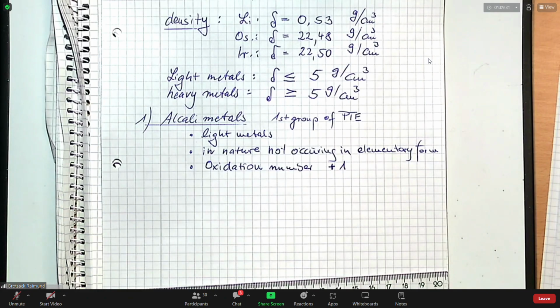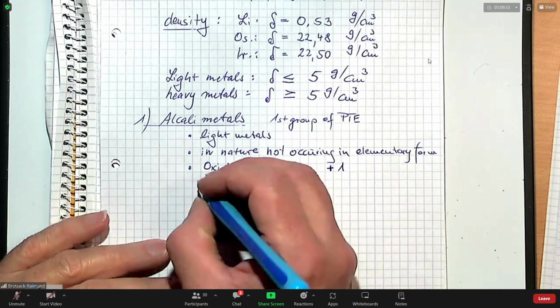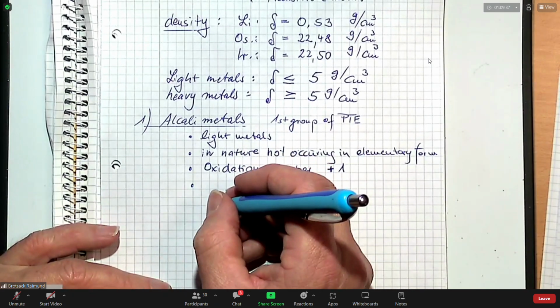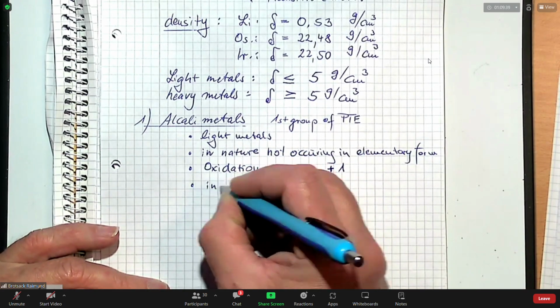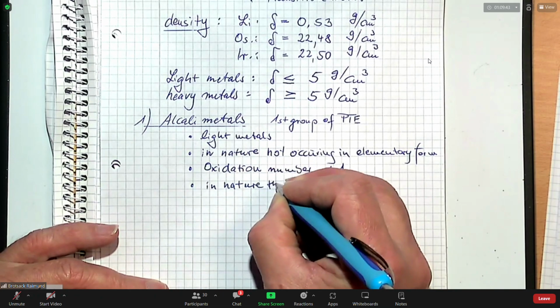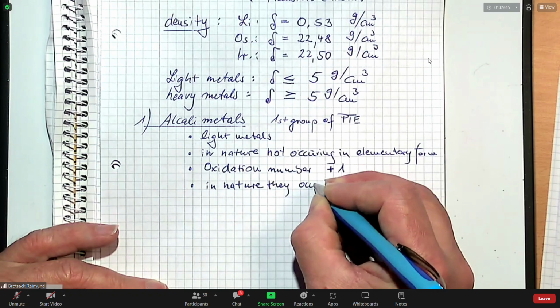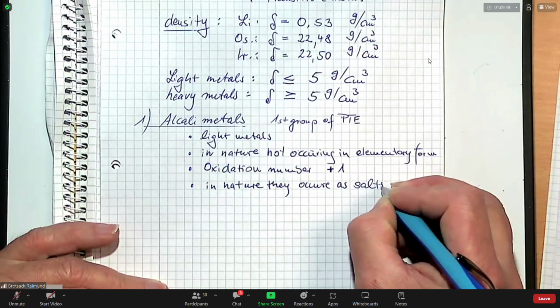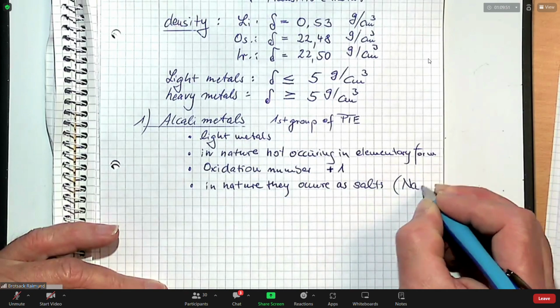In nature, they are part of the salts. So in nature, they occur as salts. The most common one is sodium chloride.